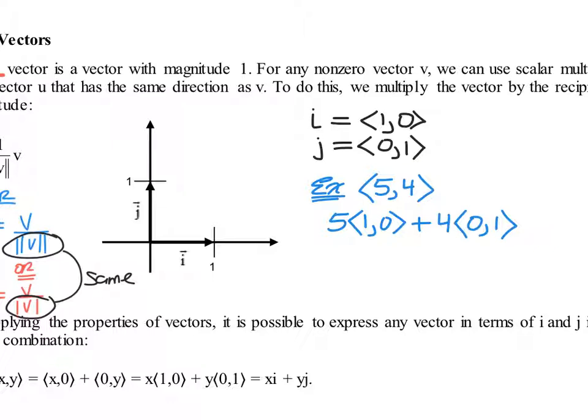Now, if I'm telling you that 1, 0 is the same as i, then it really becomes 5i plus 4j.